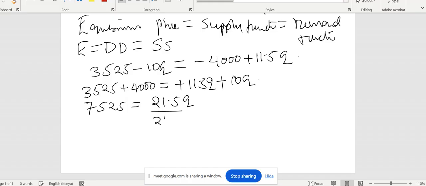So divide by 21.5. So what is your Q? 350. Now you can find the price. You can substitute in any equation. Then you say you want to get the equilibrium price.